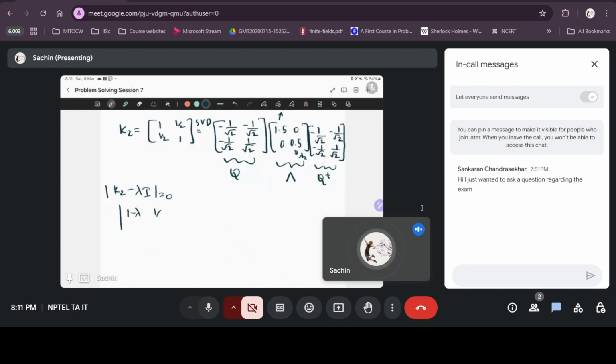So 1 minus lambda, half, half, 1 minus lambda. (1 minus lambda) squared minus 1 over 4 is 0. (1 minus lambda) squared is a quarter. 1 minus lambda is plus or minus half.